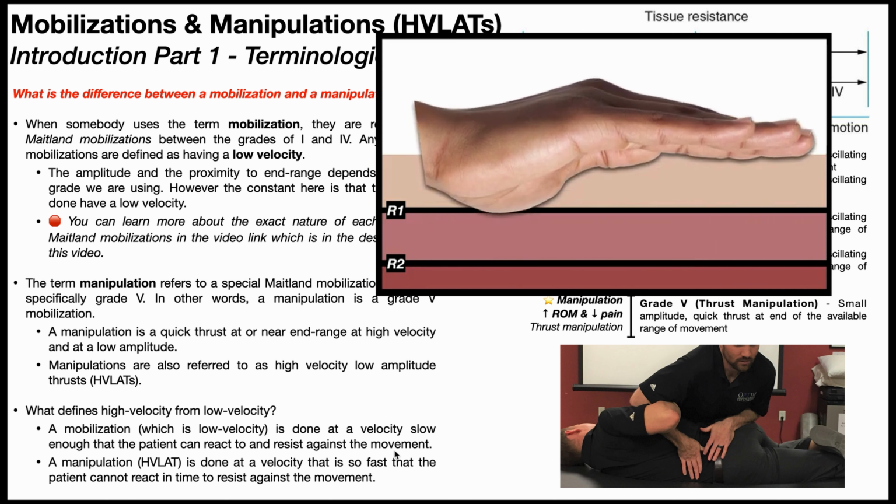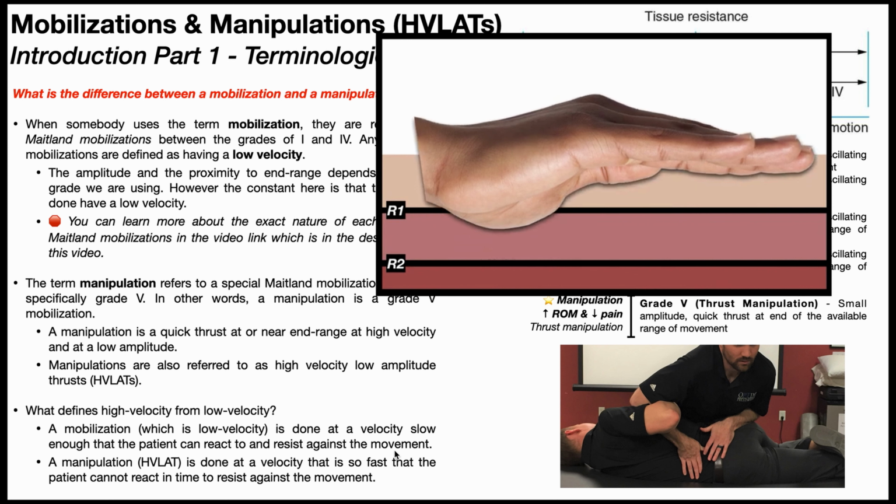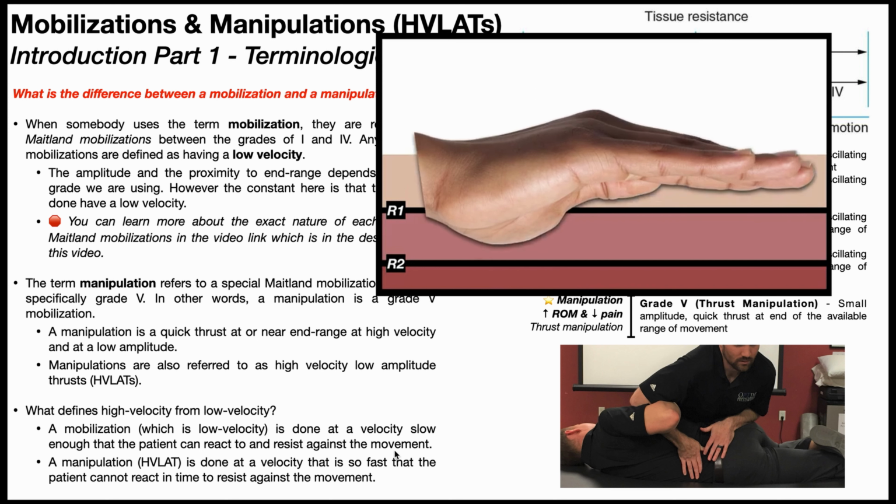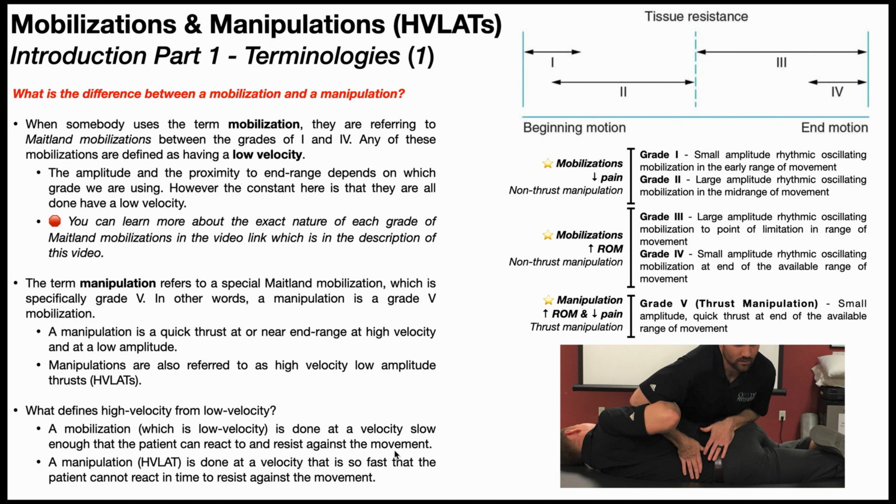It occurs at roughly a constant rate. So if the patient wanted to resist or guard against the next oscillation, they could definitely do that, because it's slow enough that there's time to react.